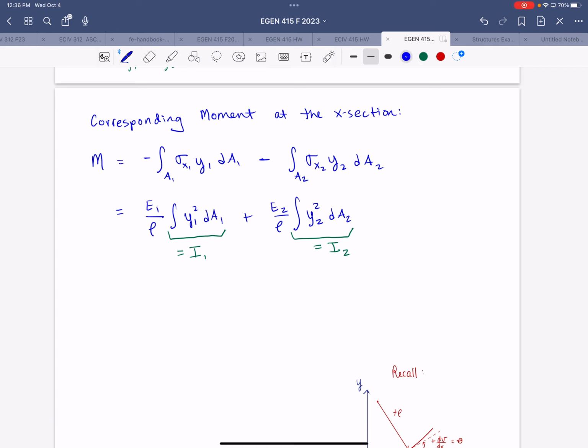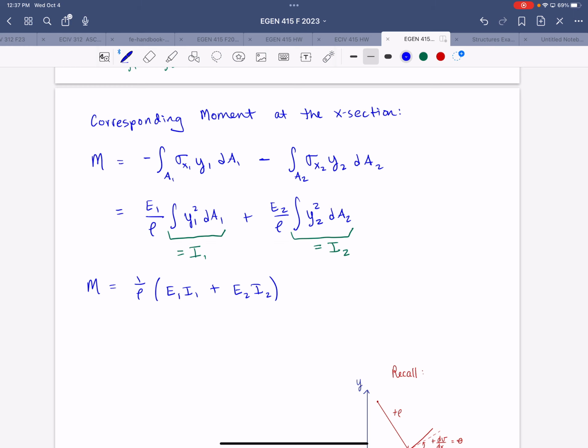All right, so since we have those moment of inertia definitions in there, we can rewrite the moment expression as 1 over rho times, in parentheses, capital E1, capital I1, plus capital E2, capital I2.